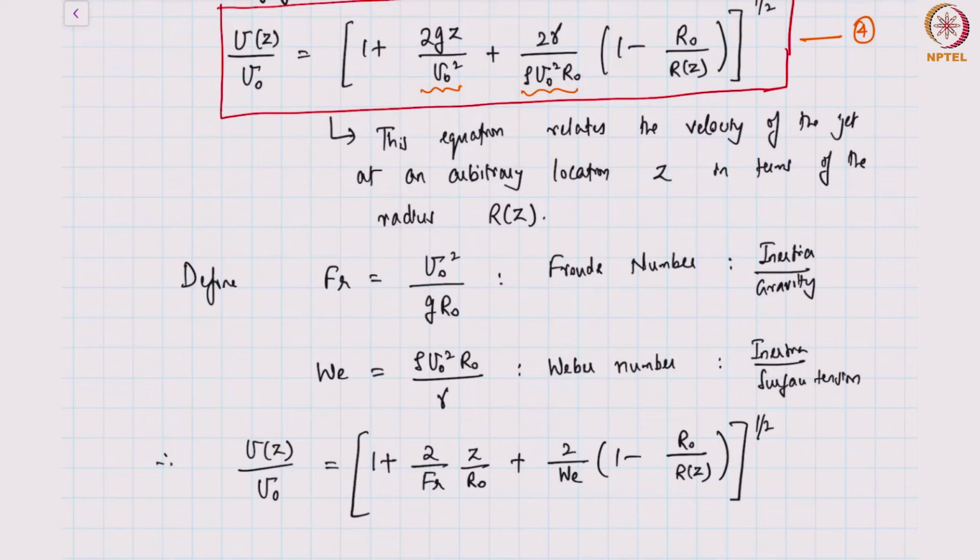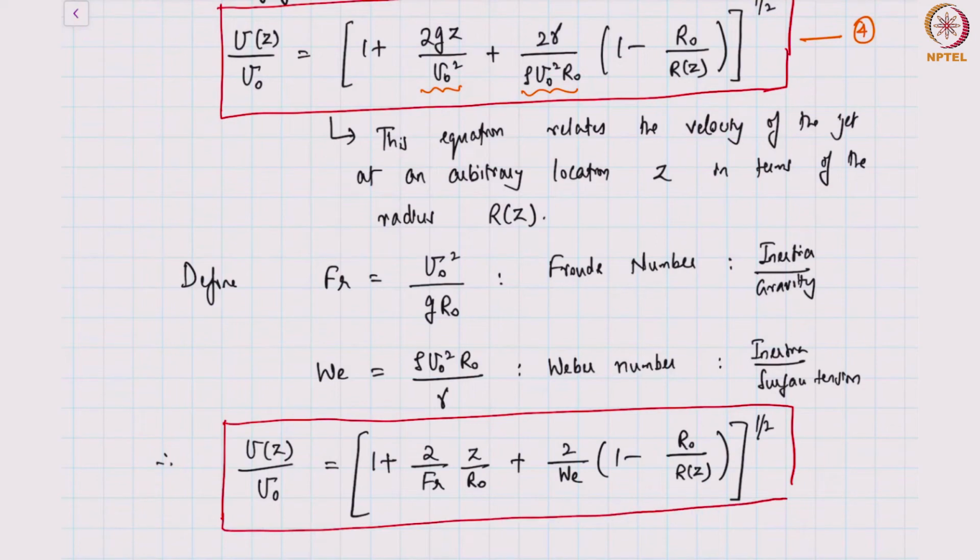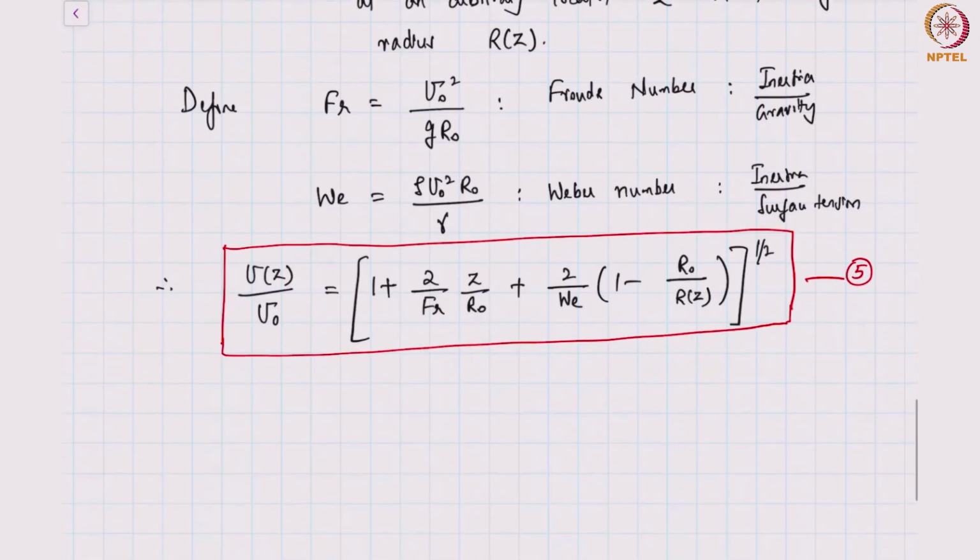Okay. We'll call this relationship number 5. Now, to get velocity at any arbitrary location, I need to know the radius at that location, which means that I need another relationship.